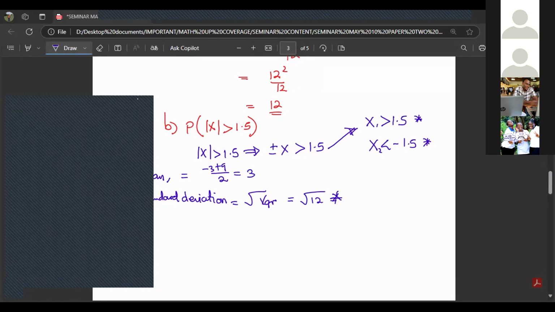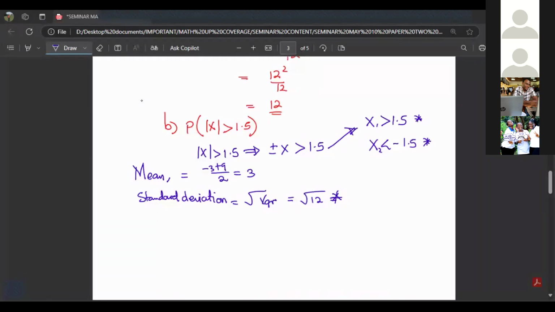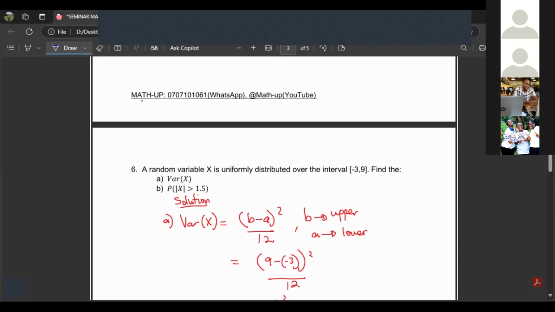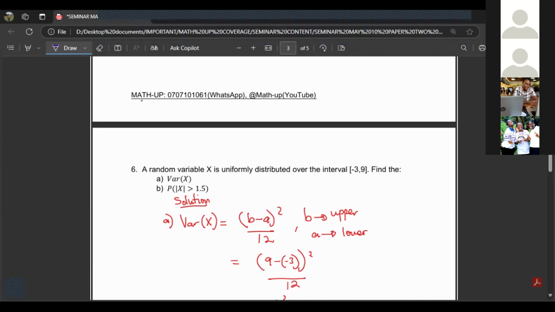Yeah. Part B is about uniform distribution, and we have a random variable that is uniformly distributed over this interval. So we have to find the variance and we have to find the probability of the modulus of x being greater than 1.5.